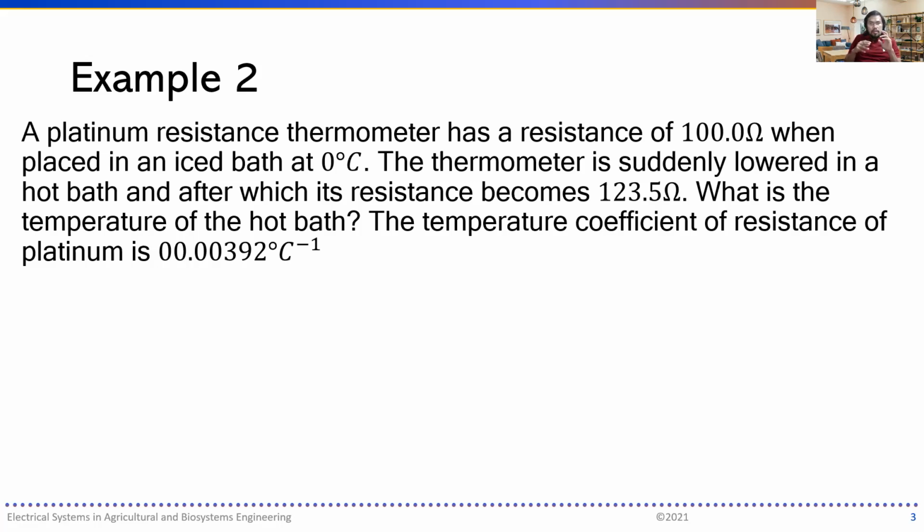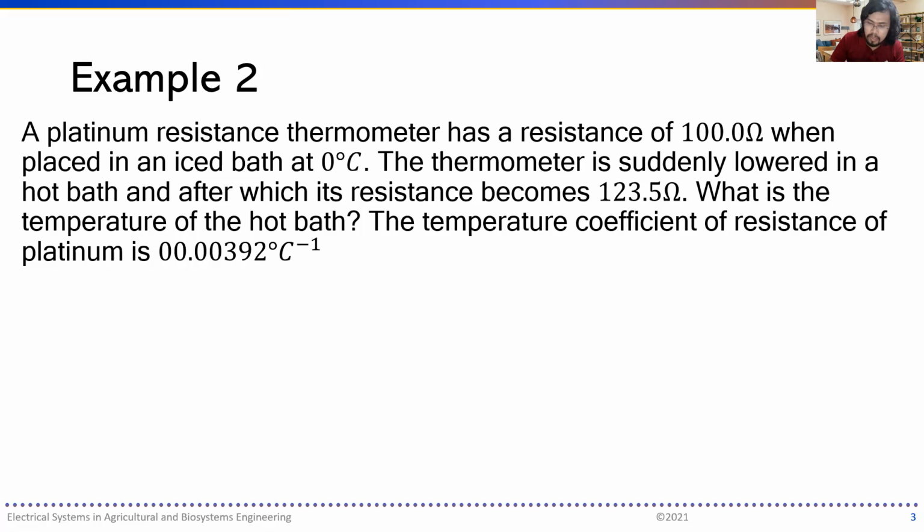First and foremost, the very important information that is a constant for this material is the temperature coefficient of resistance, and it's given as shown, 0.00392 per degree Celsius. That is eventually the alpha, and we already have the formula given for this one.